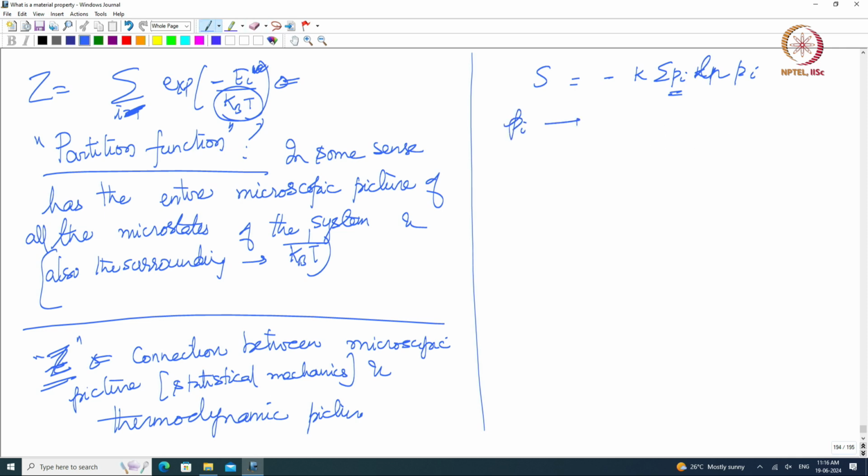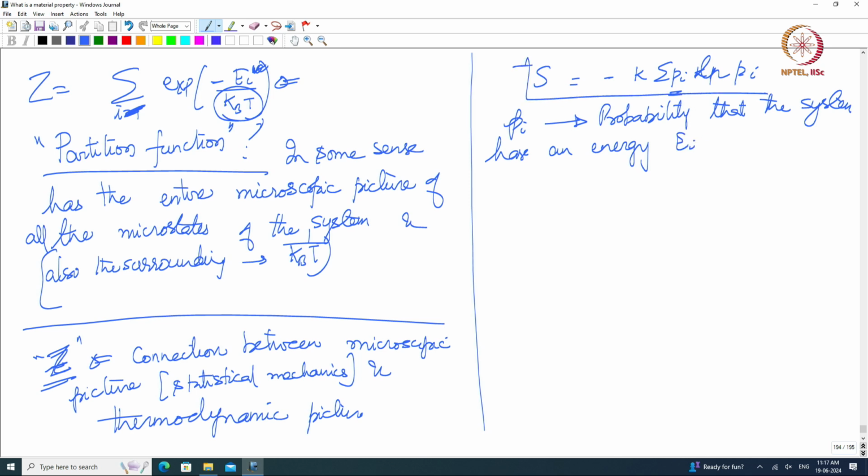Pi is the probability that the system has an energy ei. Okay. So, then the total entropy of the system will become this, right.